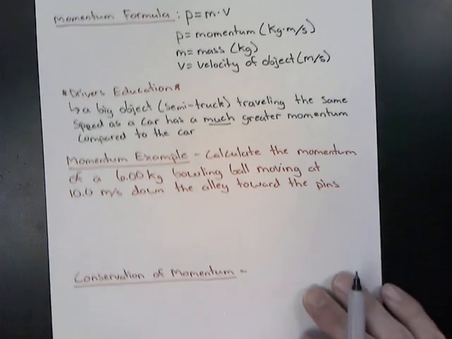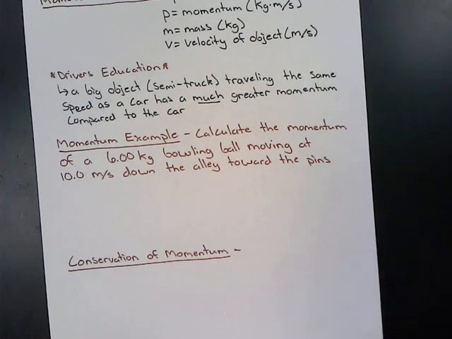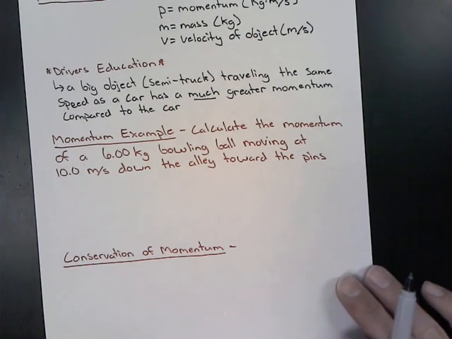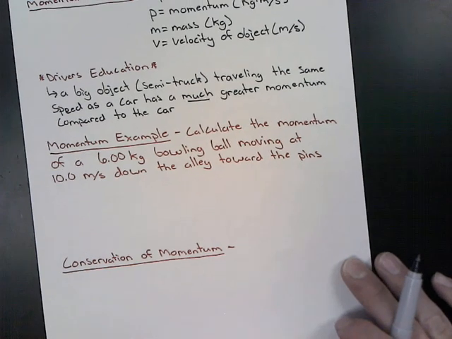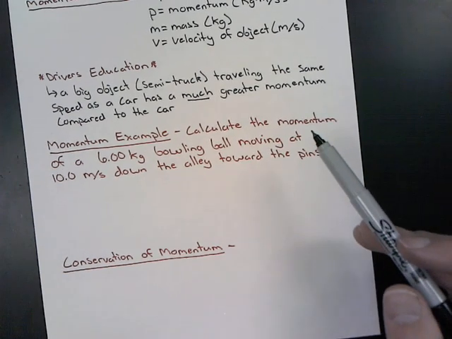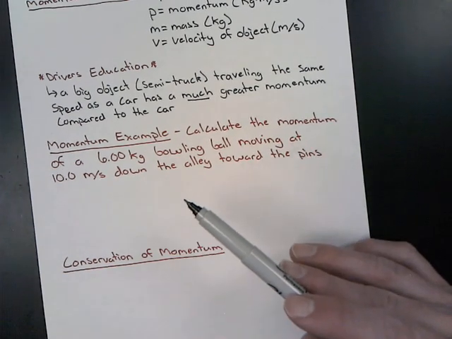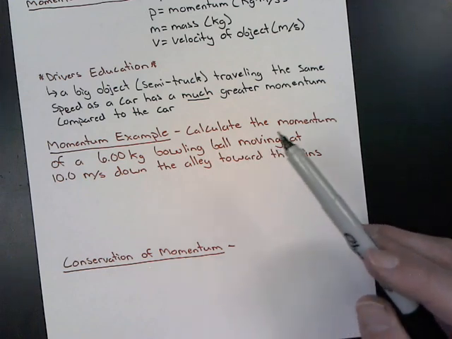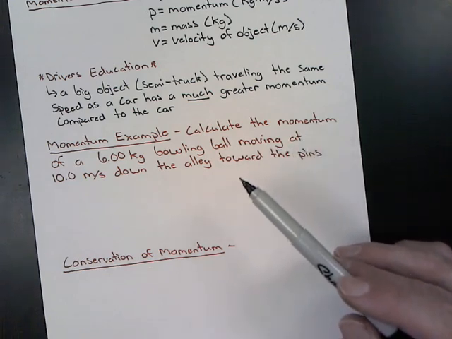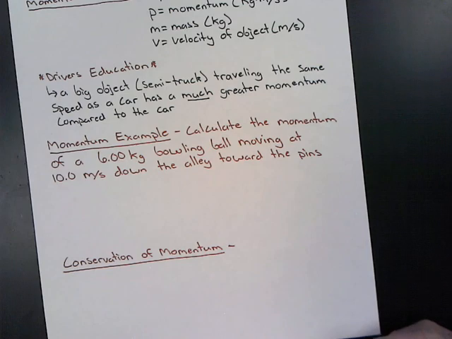Okay, so let's go through an example here, and then we have one more point to talk about at the end. So our momentum example here: we want to calculate the momentum of a 6-kilogram bowling ball that's traveling down the alley at 10 meters per second.